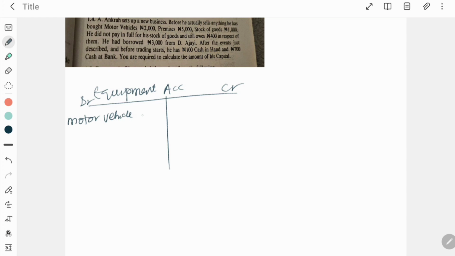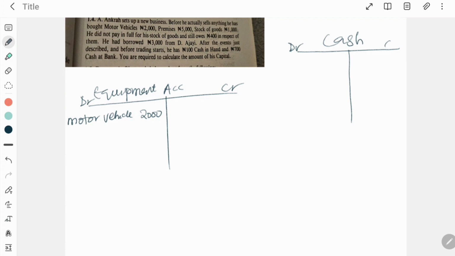How much does it cost? 2,000 naira. We're not trying to make it perfect, but we're going to try to make it as clean as we can. And remember what I said earlier, for every debit entry there must be a corresponding credit entry. So you ask yourself, this 2,000 naira motor vehicle we purchased, where did we get the money from? It's either cash in hand or cash at bank, but we're just going to say cash.